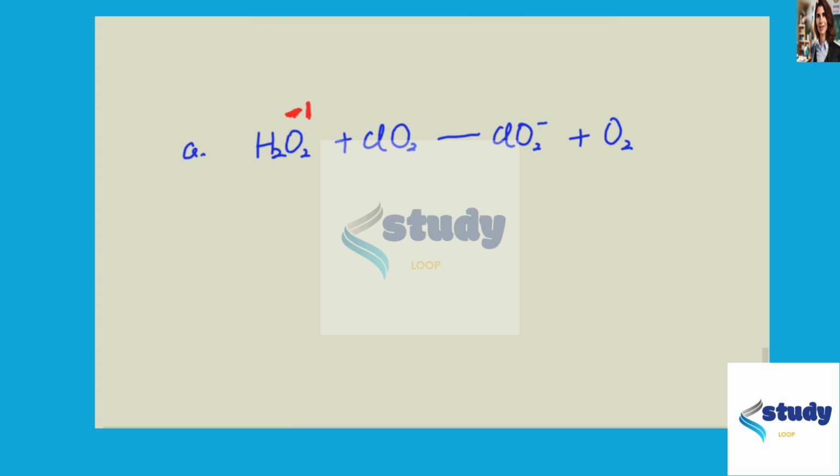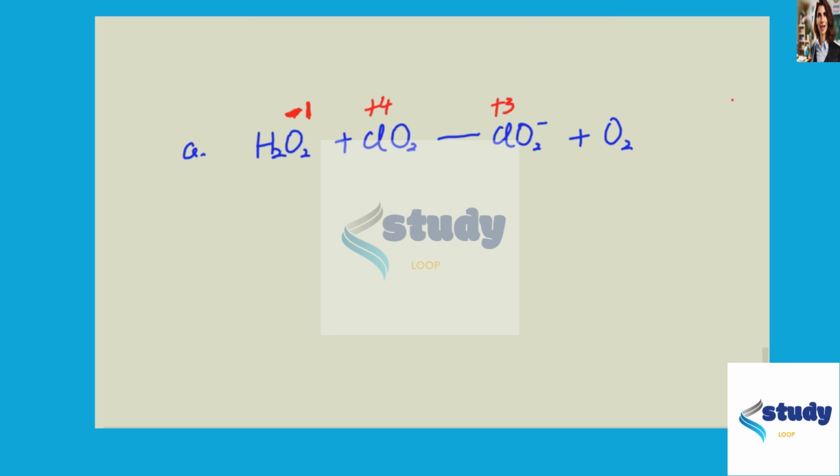And for the chlorine dioxide, the valence state of chlorine is +4. And after the reaction, the chlorine now becomes +3.